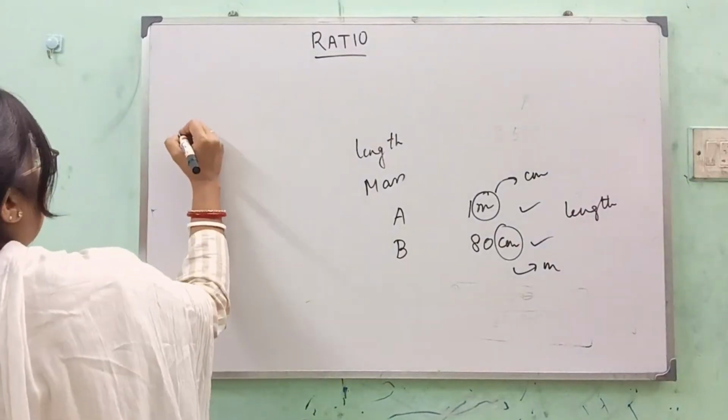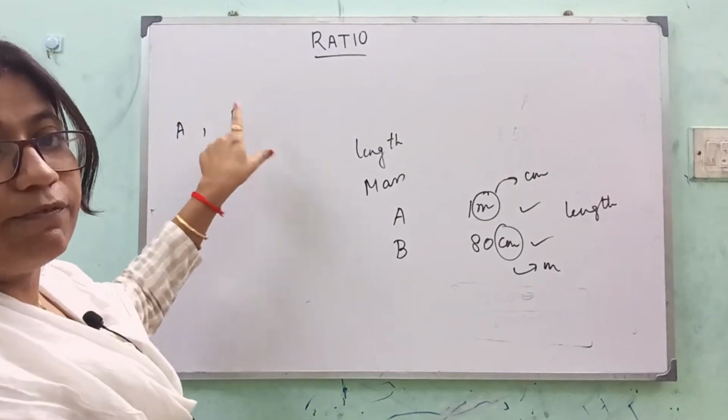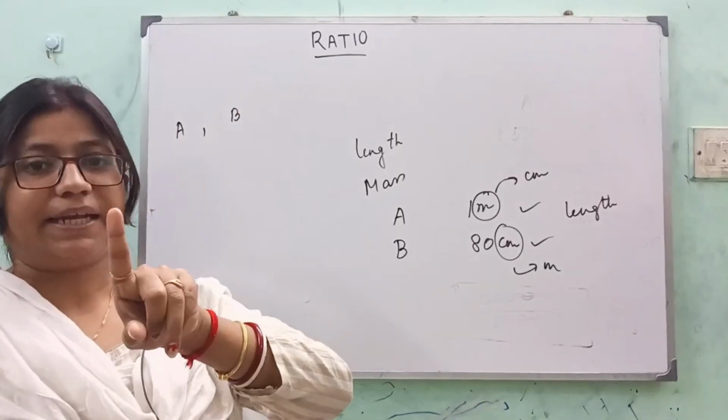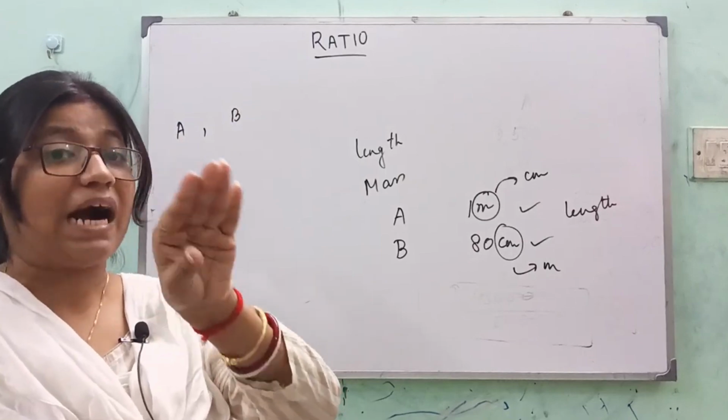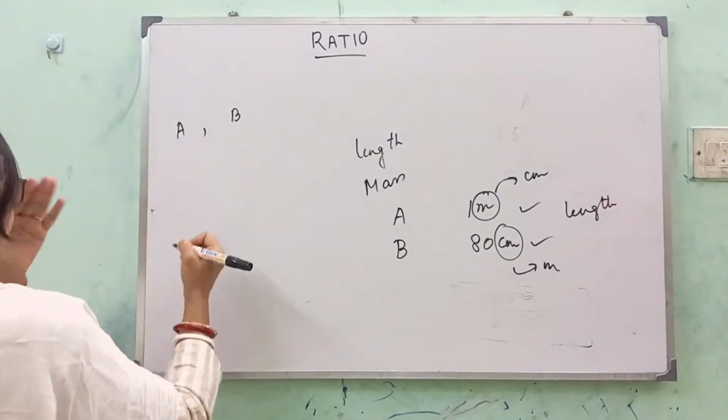So, if two quantities A and B have to be compared, the first thing you have to keep in mind is that the two should be of the same category, that is, the same kind. Secondly, the same unit. And then the comparison is done.